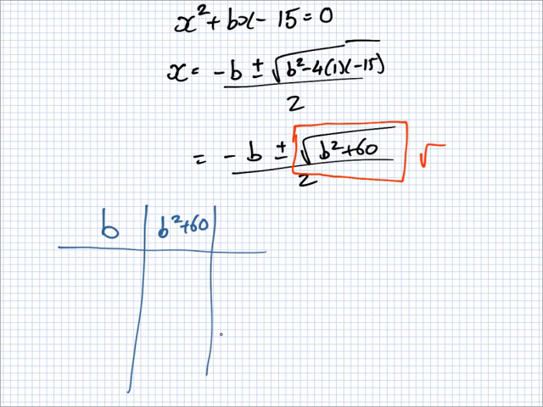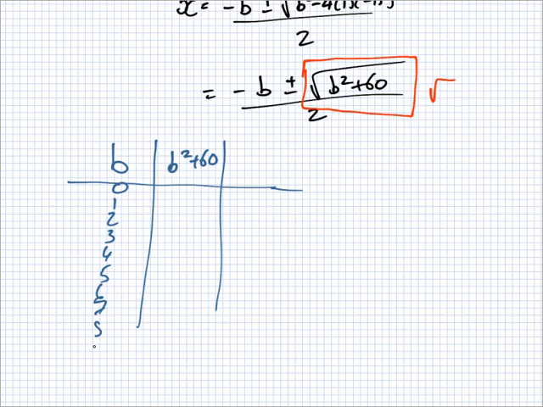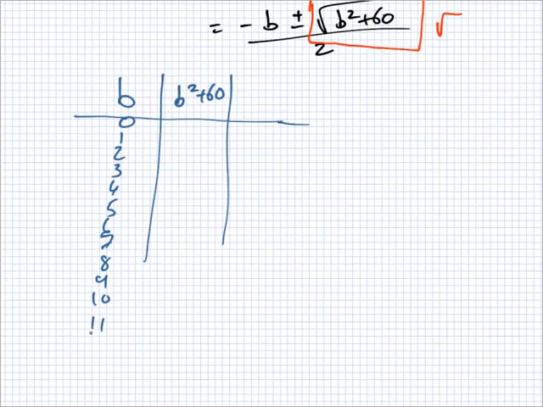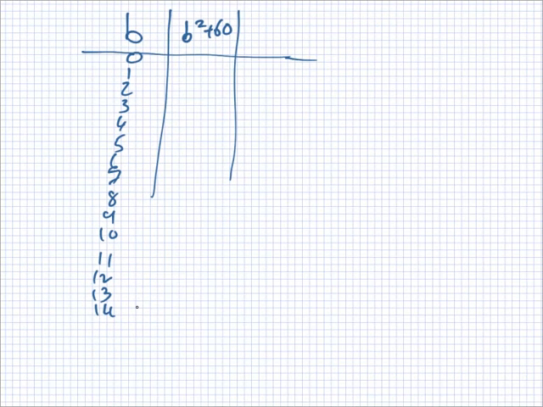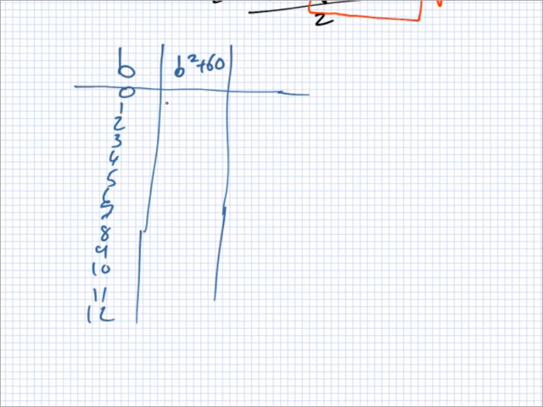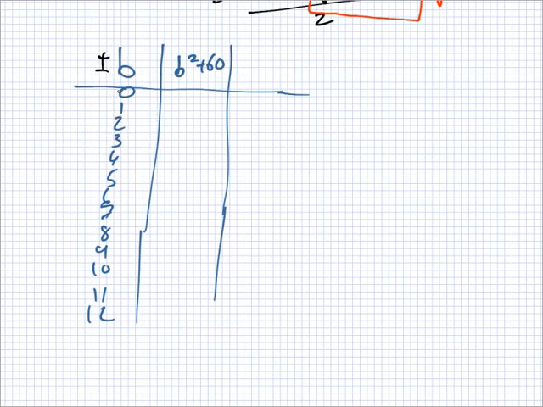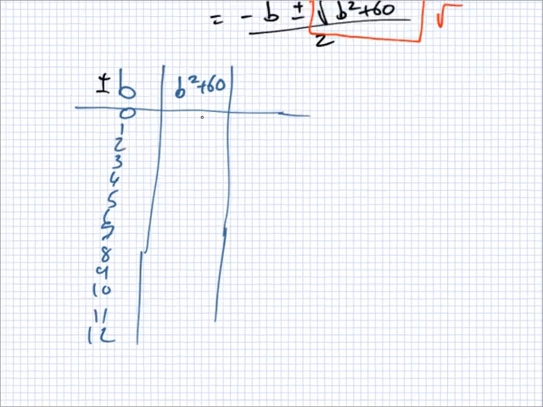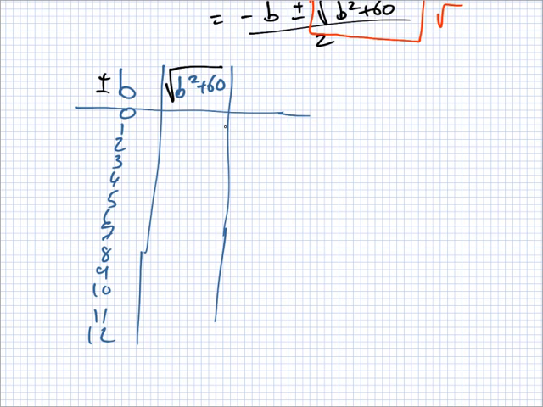Okay. 0, 1, 2, 3, 4, 5, 6, 7, 8, 9, 10, 11, 12, 13, 14. I don't want to go that far. Go to 12. See what happens. If I have 0 or plus or minus 0, because you're squaring, it doesn't matter. Will that give me an integer or non-integer if I square root here? No. 1? No. 2?